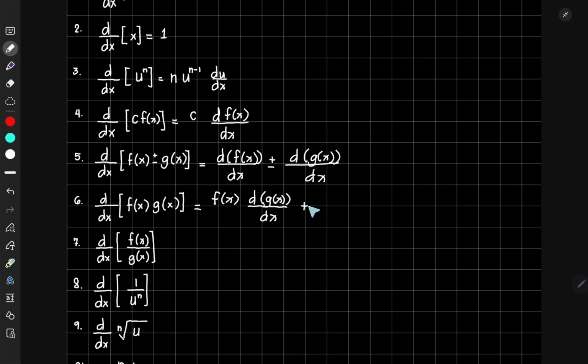Then, plus. So, this is always plus kung nasa product rule tayo. Copy yung function g of x. Then, derivative of f of x with respect to x. So, ganyan siya.